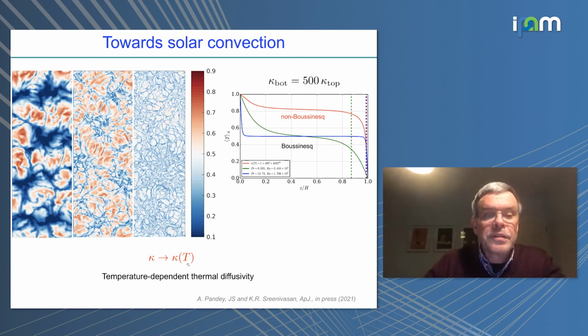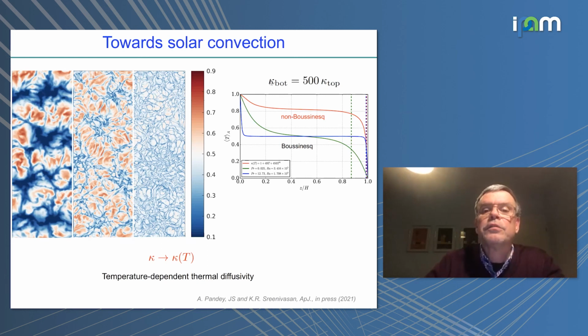And the first step is to introduce a temperature-dependent diffusivity in your Boussinesq model, which makes it immediately non-Boussinesq, as you can see here by the mean temperature profile, which is given in red. And we have a rather strong variation of the diffusivity, which is typical for stellar convection, where you always have a huge stratification in your convection zone. So at least for the diffusivity, we are reproducing this fact.